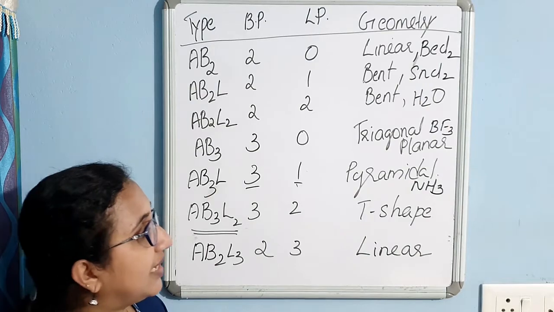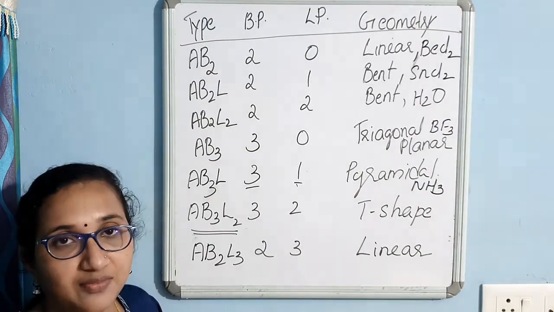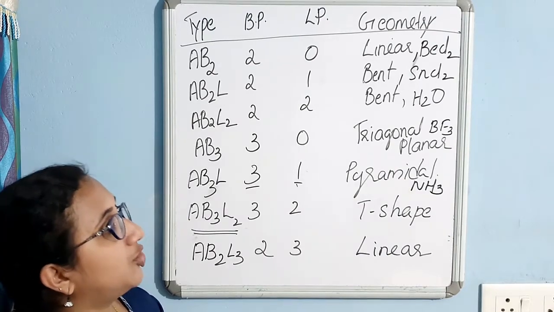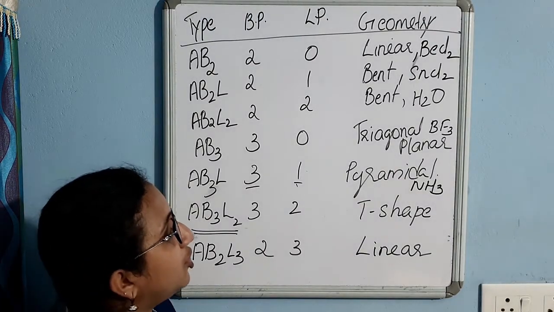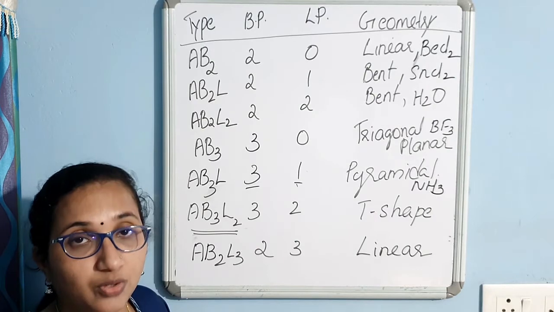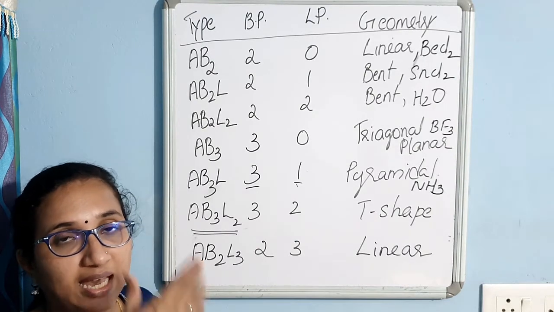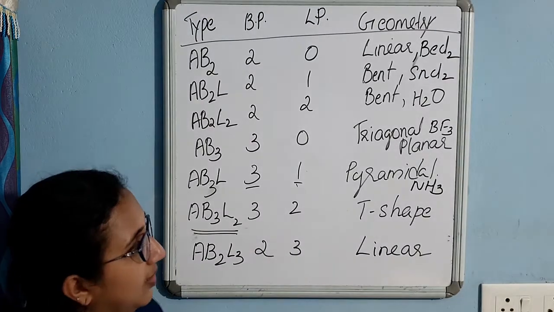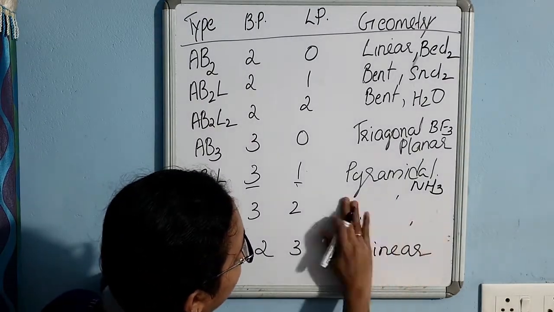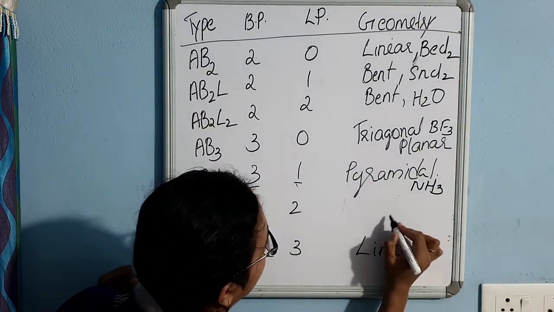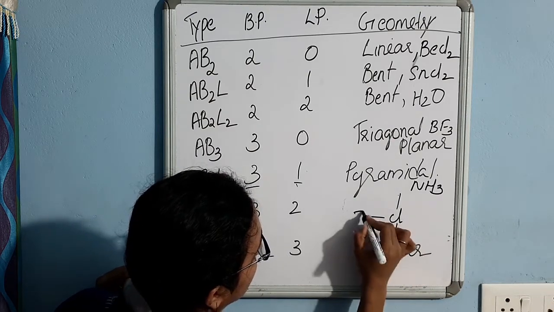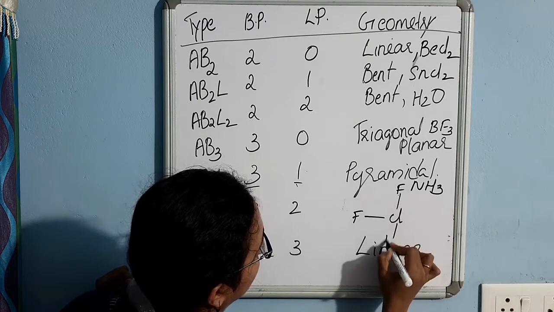So it will have a T shape. T shape means we will have a trigonal bipyramidal arrangement where 2 of the equatorial hybrid orbitals and the 2 axial orbitals, the shape will be like ClF3. ClF3 is a typical example.